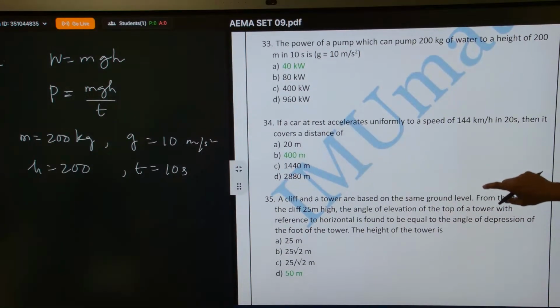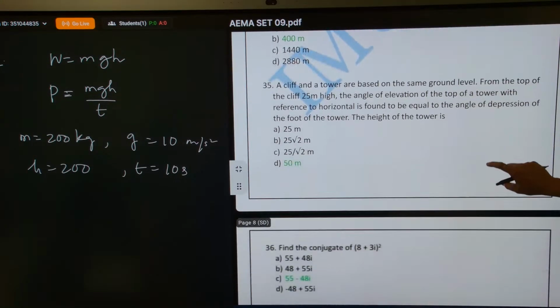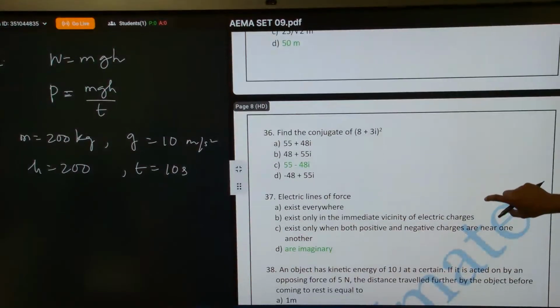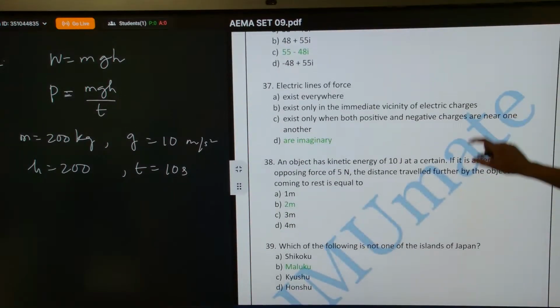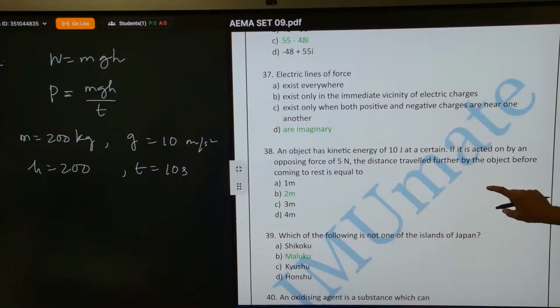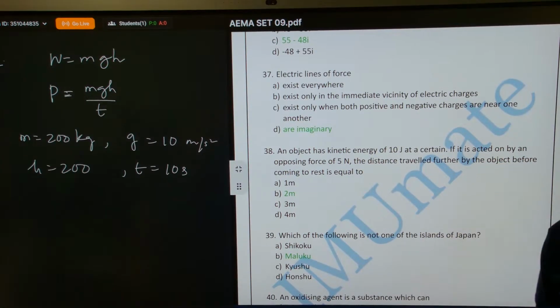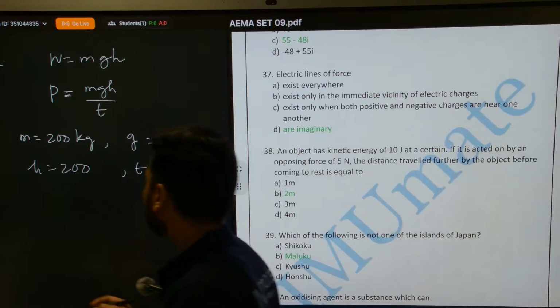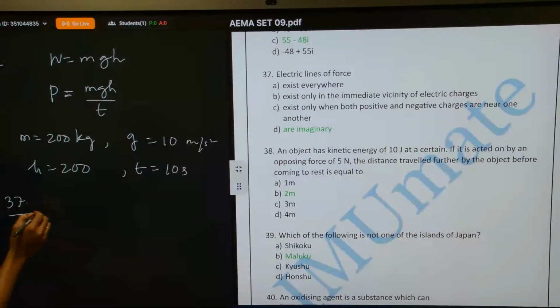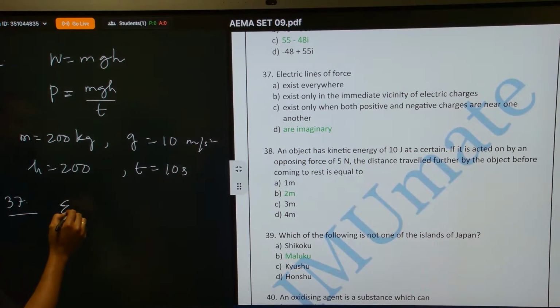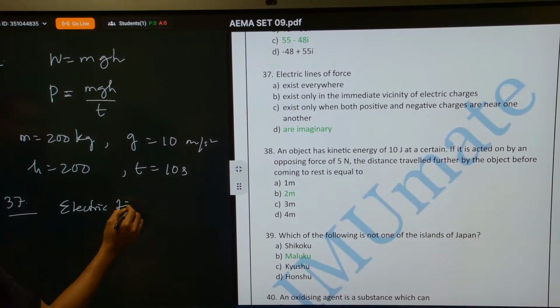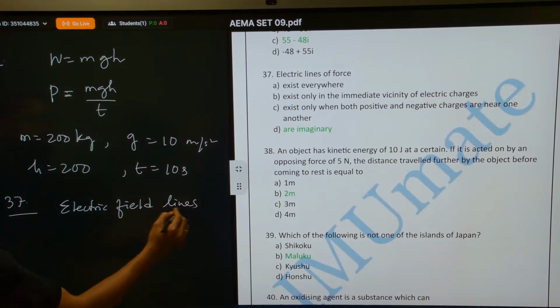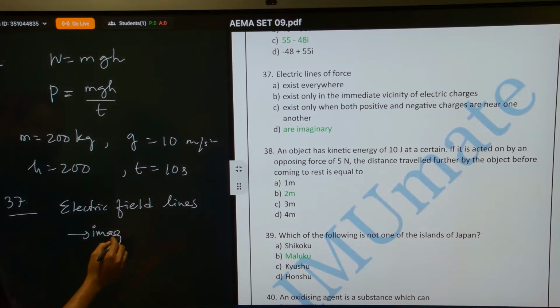Okay, now come to our main topic. Electric field lines, it is. Electric field lines are imaginary. Do you know this?